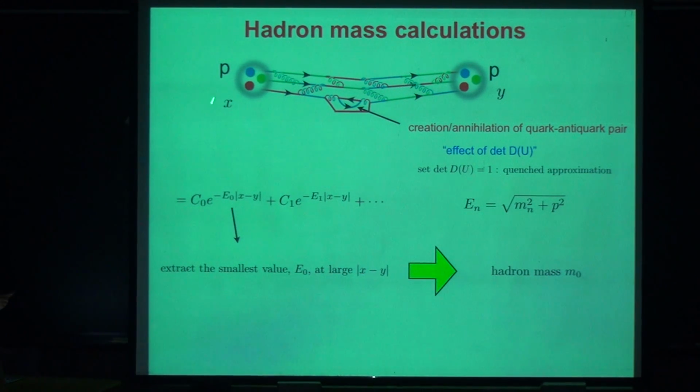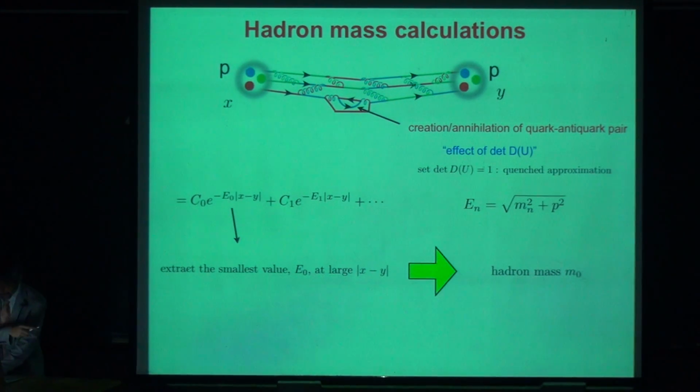Then if one can calculate this with x minus y large, we can extract E0, and thus the mass of the hadron corresponding to the lowest mass. Of course, if you can calculate the second exponential factor, you can calculate the excited state hadron mass, etc.